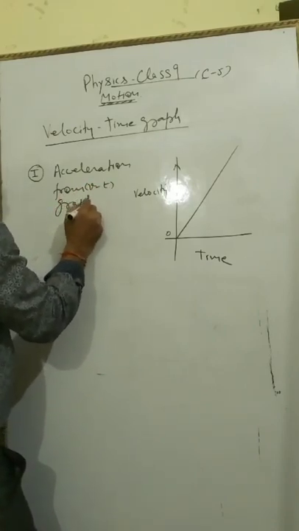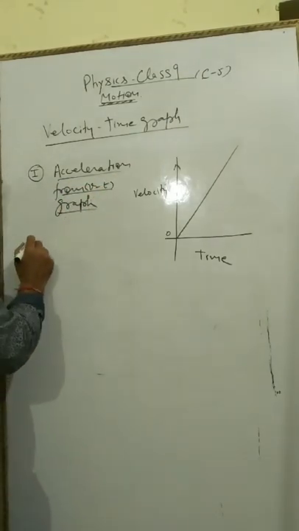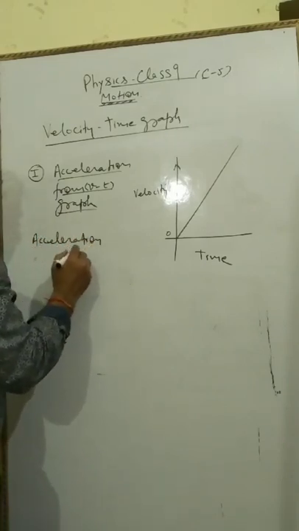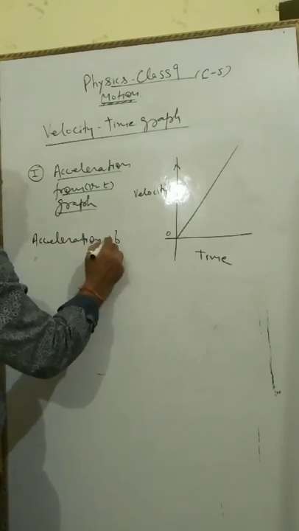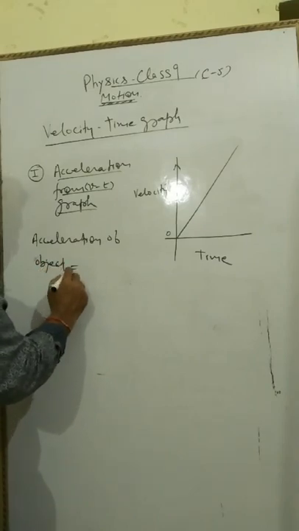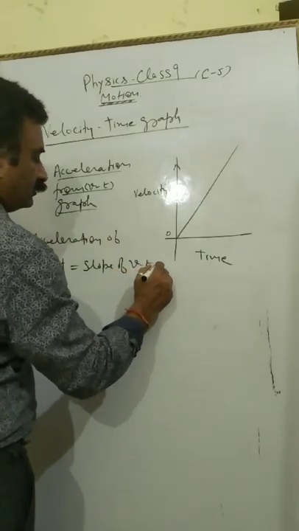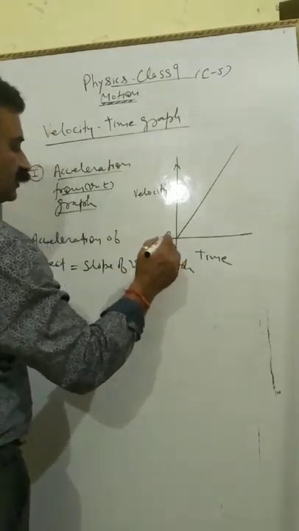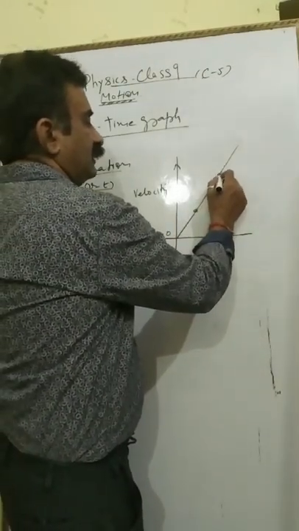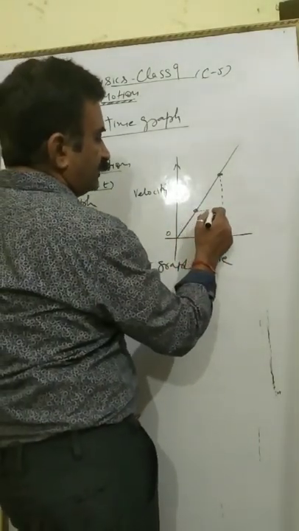In short, we call it the VT graph. So the acceleration of the object is the slope of the VT graph. What do we do? We select any 2 points here, as I did in the distance-time graph to find the velocity.